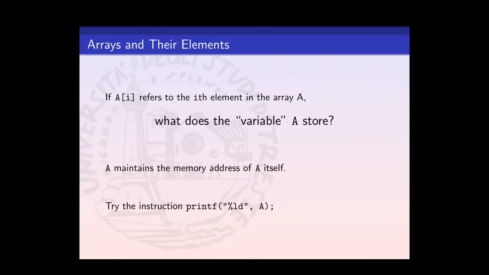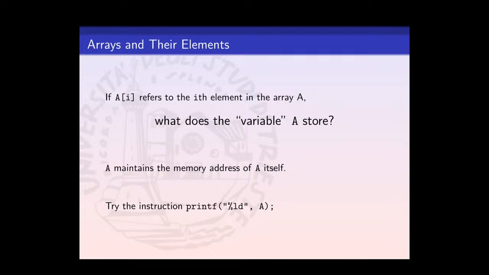Okay, so to store a full array, you need many memory positions, and the variable a represents the position in the memory of the array itself. So if you try to print a, you don't get the array itself, but just an address, a value, which is the position in the memory of the array.